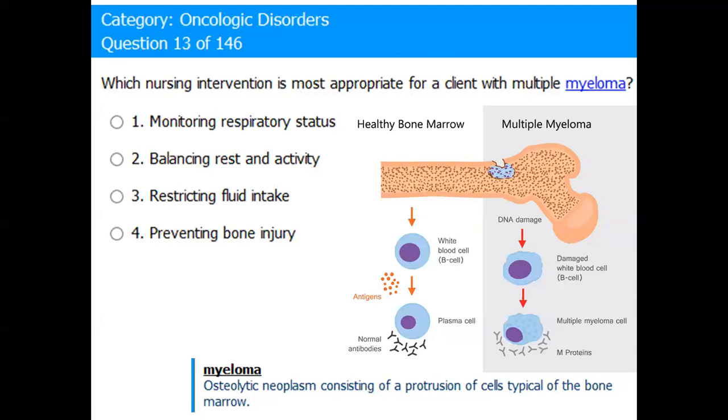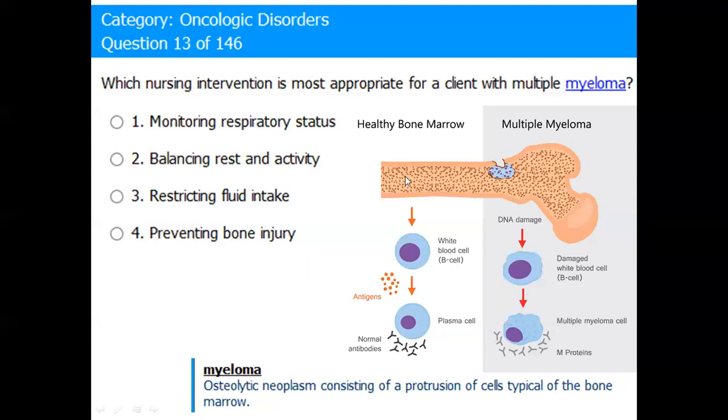If the patient has multiple myeloma, the complication may include amyloidosis. The cause of multiple myeloma is unknown, but there are some risk factors like obesity, radiation exposure, positive family history, or certain chemicals.